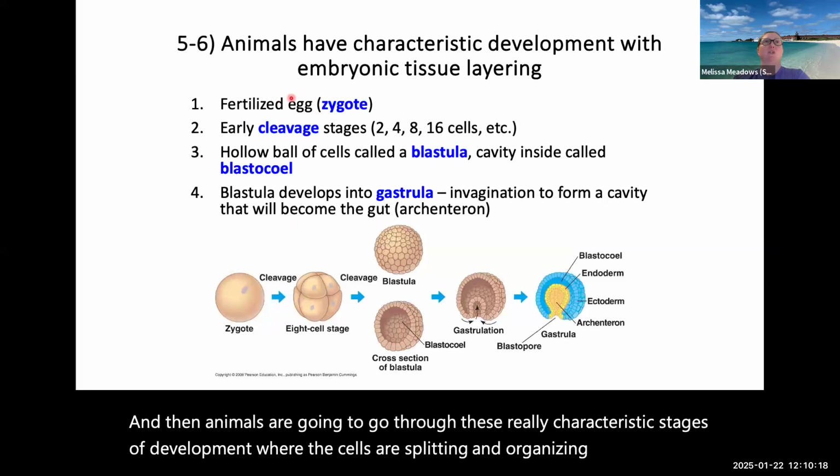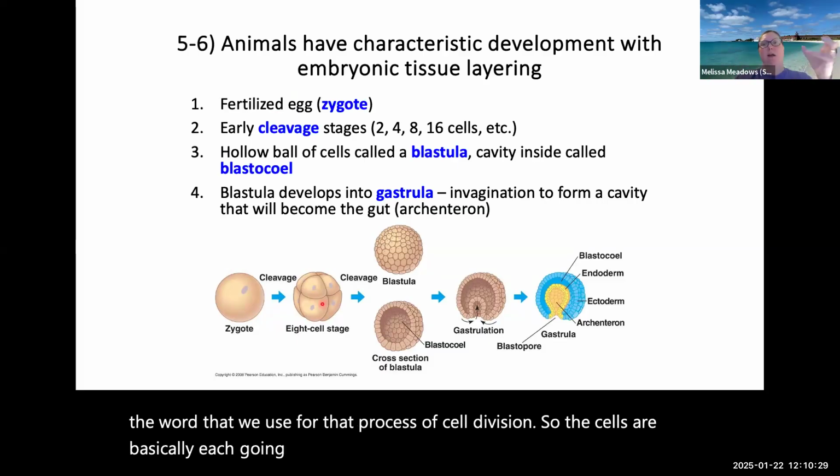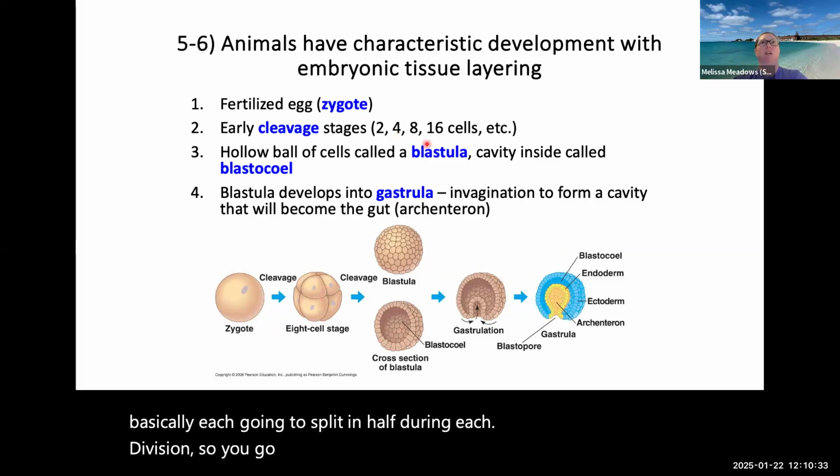So cleavage is the word that we use for that process of cell division. So the cells are basically each going to split in half during each division. So you go from 2 to 4 to 8 to 16 cells and on and on.